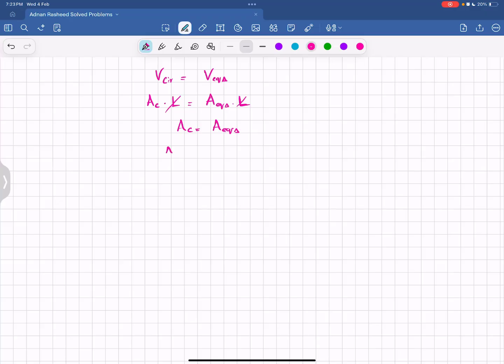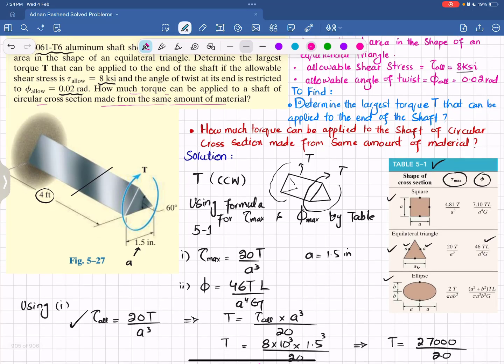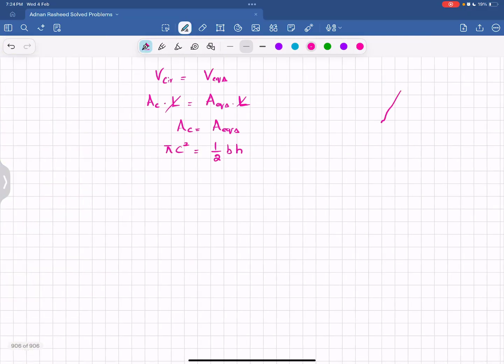And we know that area of circular rod is equal to pi c square, where c is the radius. And what about the equilateral triangle? So area of equilateral triangle is equal to 1 over 2 base into height. Okay, so you can see here that this is the base, which is 1.5, and this angle is 60 degrees. So I will draw it over here so that you have a clear understanding.